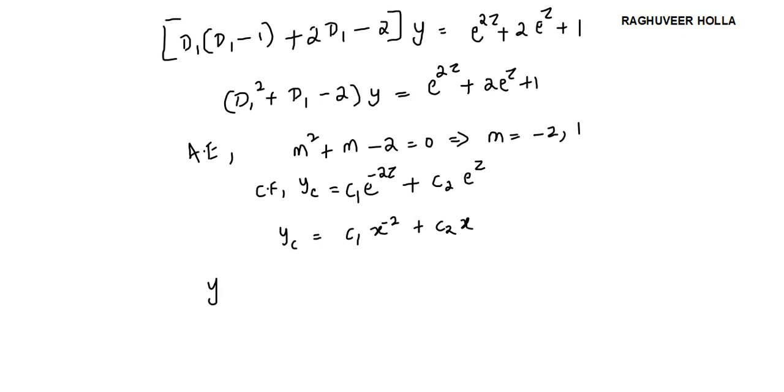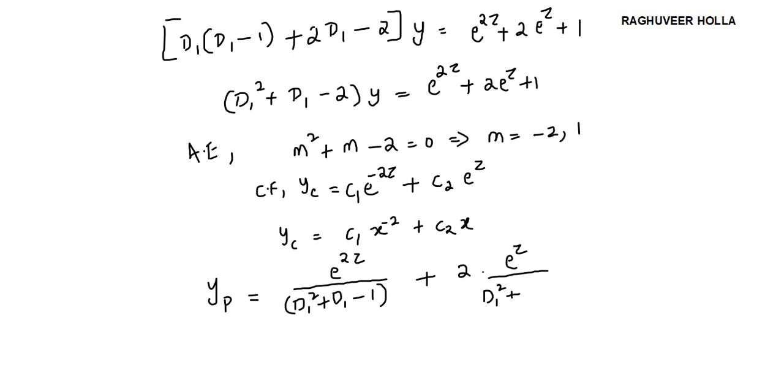So yp would be, now we have three particular integrals: e to the power of 2z divided by d1 square plus d1 minus 2, and 2 e to the power of z divided by d1 square plus d1 minus 2, plus 1 divided by d1 square plus d1 minus 2.